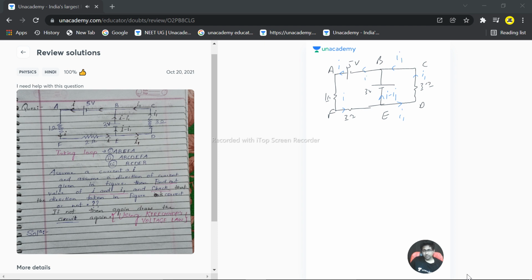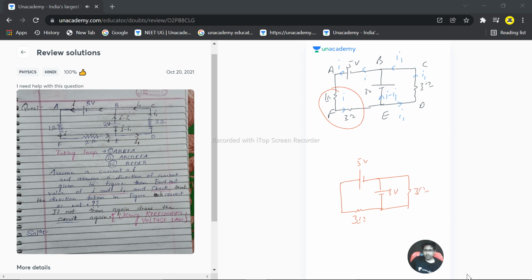These two are in series, so I can write that we have a 5 volt battery which is connected to a 3 ohm resistor. And we have a 3 volt battery here, and there is a 3 ohm resistor we have.